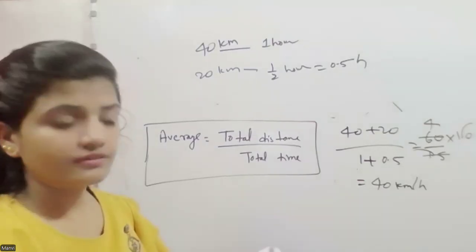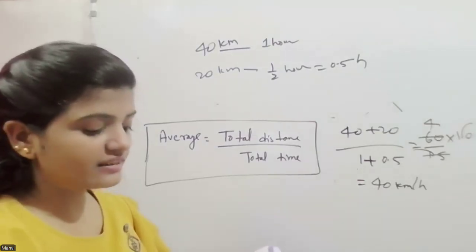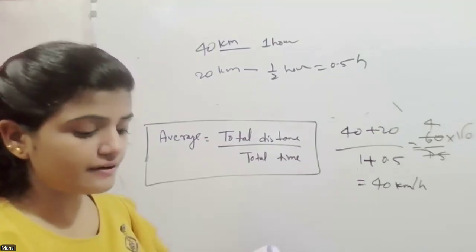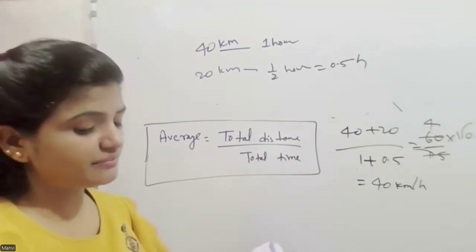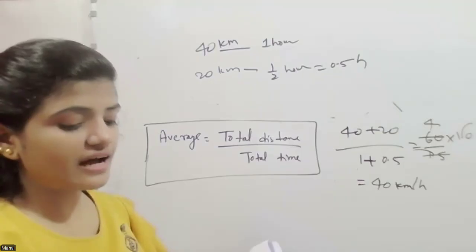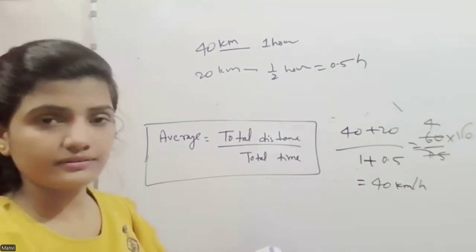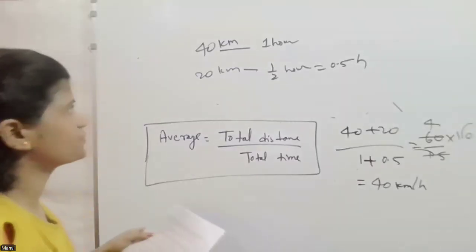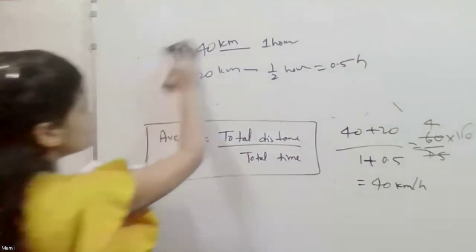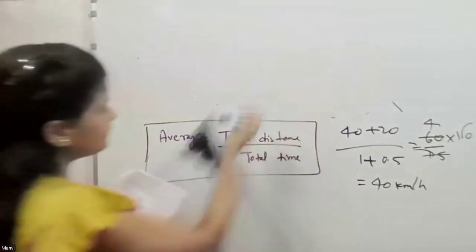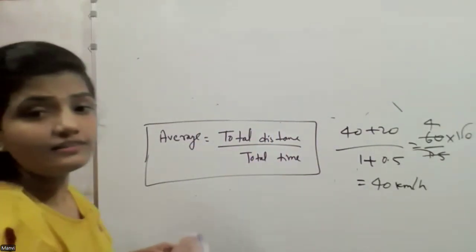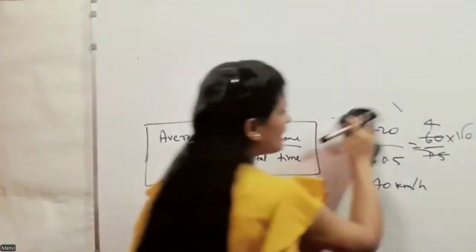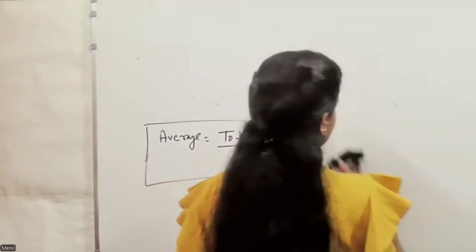A man drives 30 miles at 30 miles per hour and rests for 30 minutes. Then he drives 30 miles back at 60 miles per hour. Work out the average speed. So for calculating average speed, we need to calculate total distance and total time. That's it.